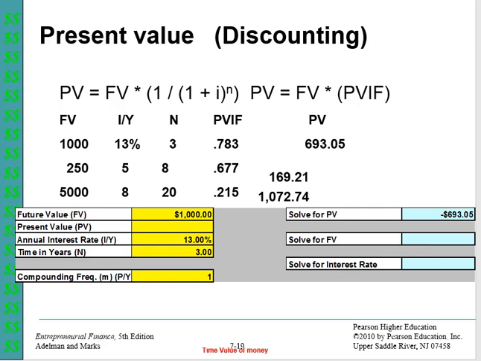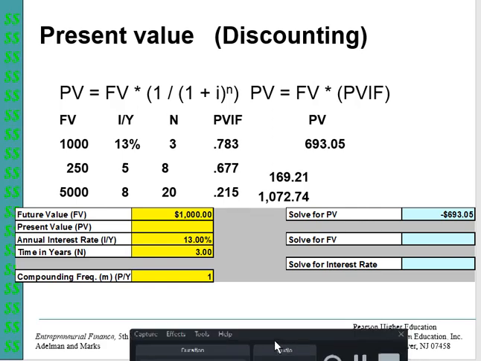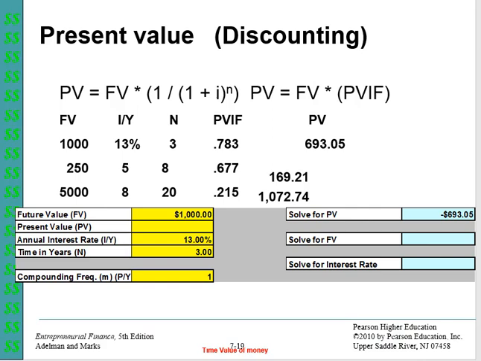If inflation is 4%, what would that be worth? What would that value be in today's money? If you solve for this, you'll find out that that's worth roughly $37,511. The question is, can you live today on $37,511? I don't know if you can or not, but those are the kinds of questions we can answer with these present value questions.